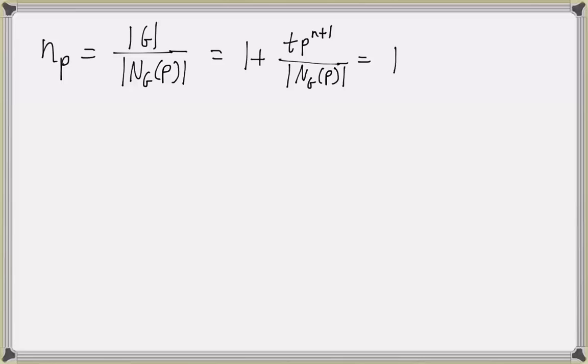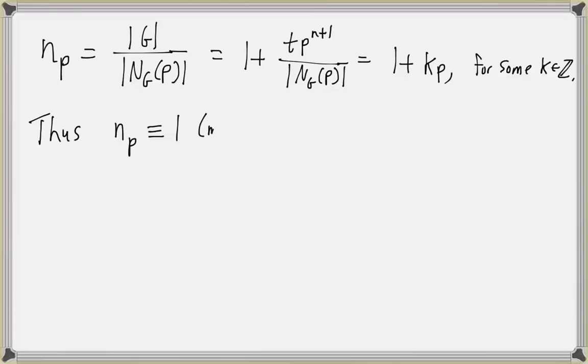So this equals 1 plus kp for some integer k. This shows that n sub p is congruent to 1 mod p. So n sub p is congruent to 1 mod p.